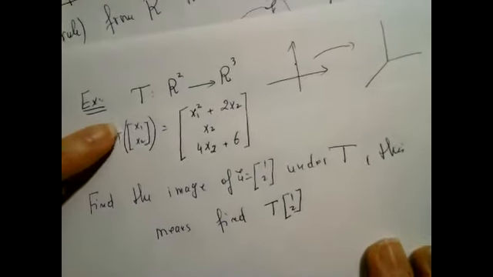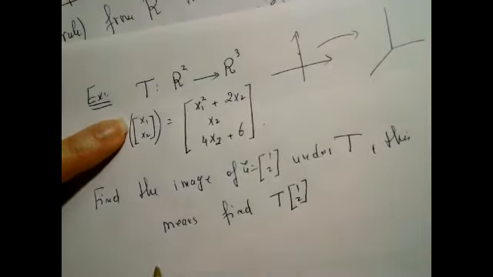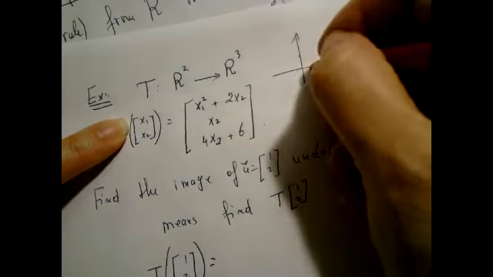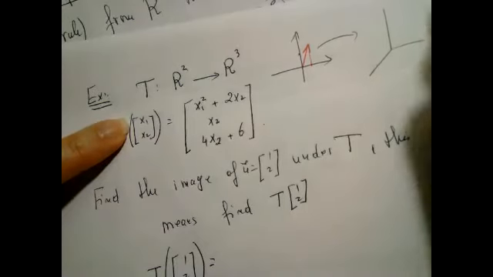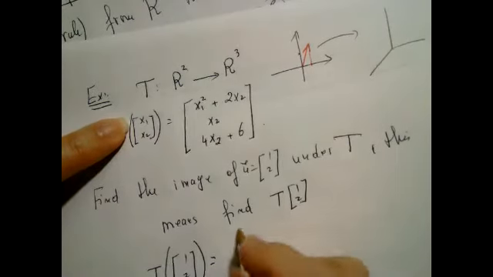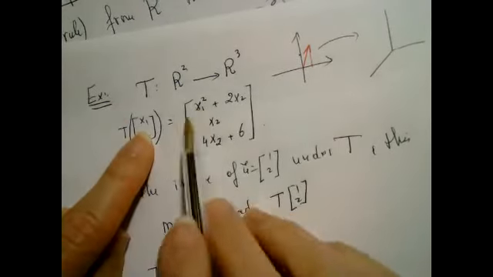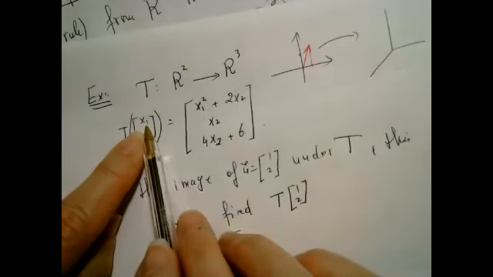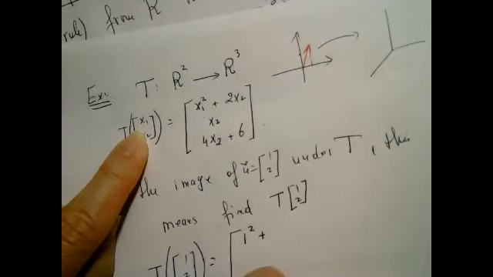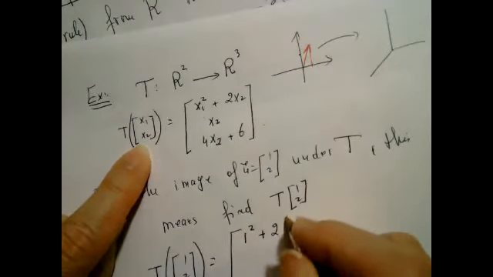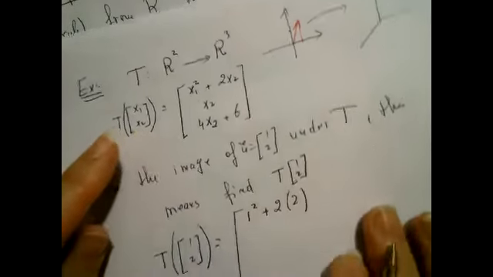All right, let us understand how we read that. So this is a vector 1, 2, and my function takes it somewhere. Let us use the rule verbatim. This rule takes the first component, squares it, and adds to it 2 times the second component.